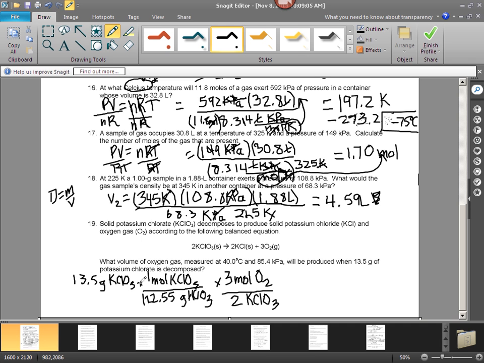So this is very much Unit 7. Convert into moles, use the mole ratio from the balanced equation.